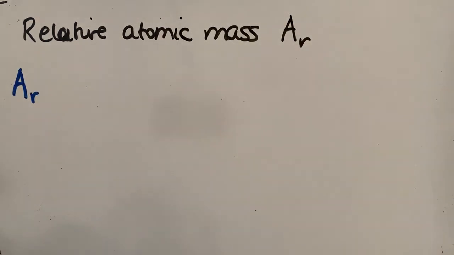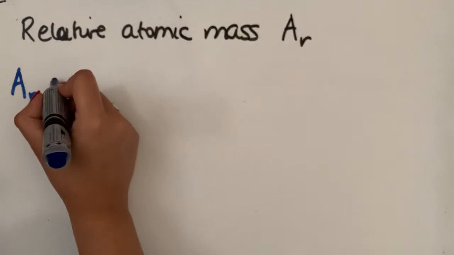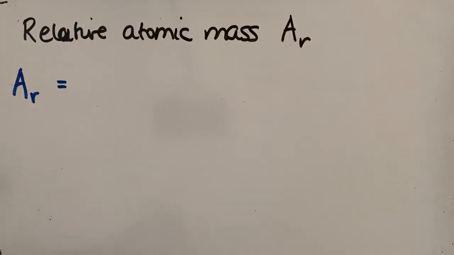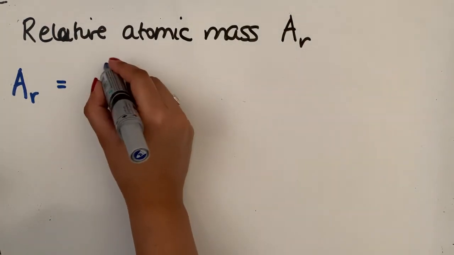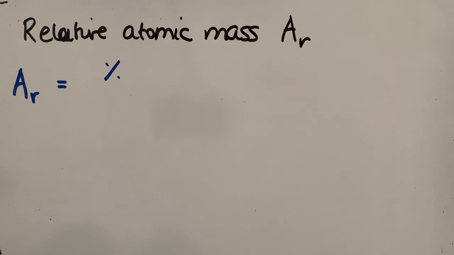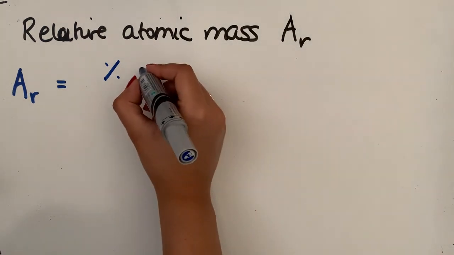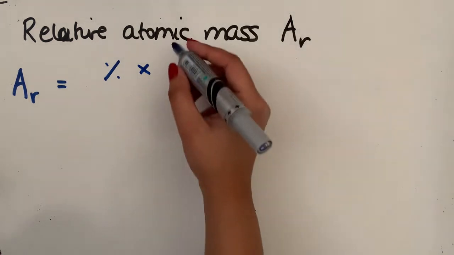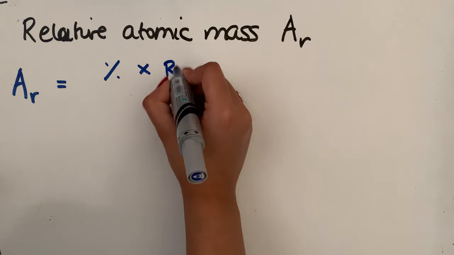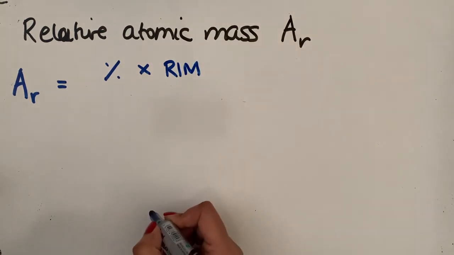To calculate the relative atomic mass, if we have, for example, 2 isotopes present, we will use the percentage of one isotope, and we will multiply that by the relative isotopic mass, okay? And I'm just going to use RIM for relative isotopic mass.